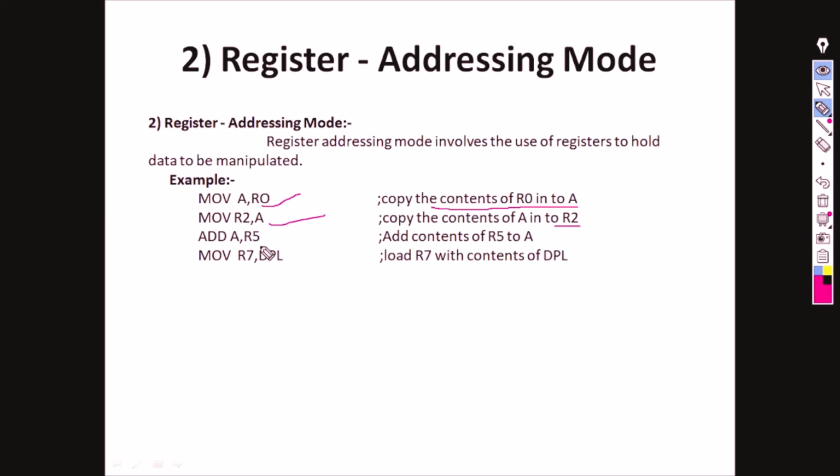ADD A, R5 adds the content of R5 to the accumulator. MOV R7, DPL loads R7 with the content of DPL. So this is register addressing mode.